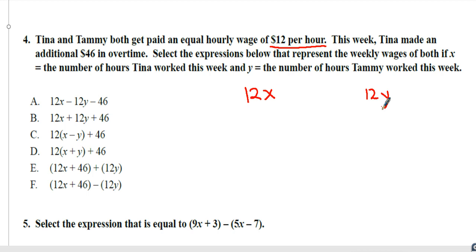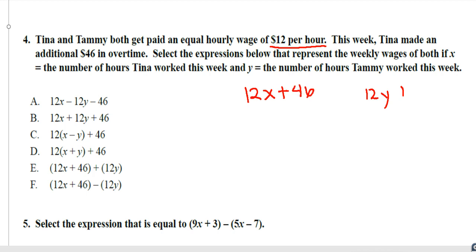And so if we're looking for Tina making an additional $46 in overtime, that means she made additional $46. Tina was X, so that would be 12X plus the $46.